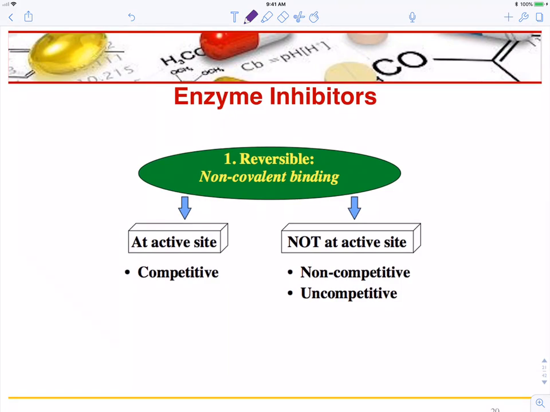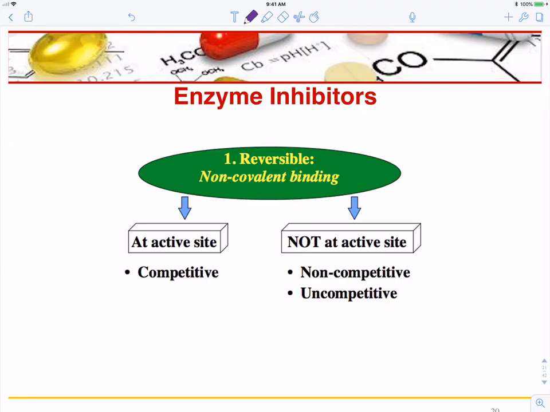So with that, let's look a little bit more closely at reversible enzyme inhibitors. So the main differentiation here to make is between compounds that are reversible inhibitors and compounds that are non-reversible.